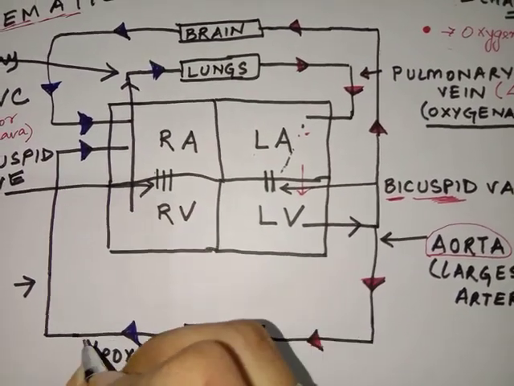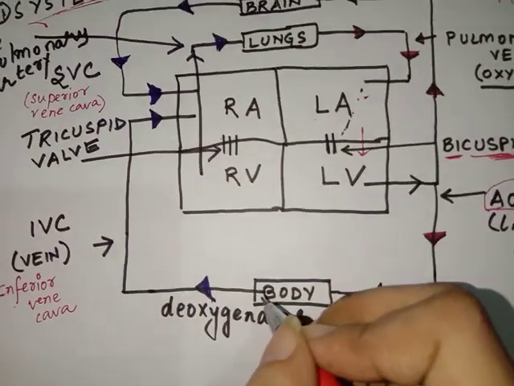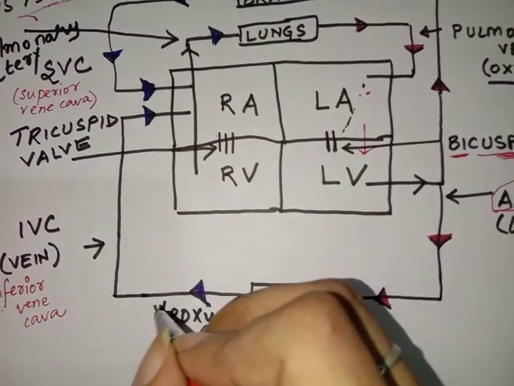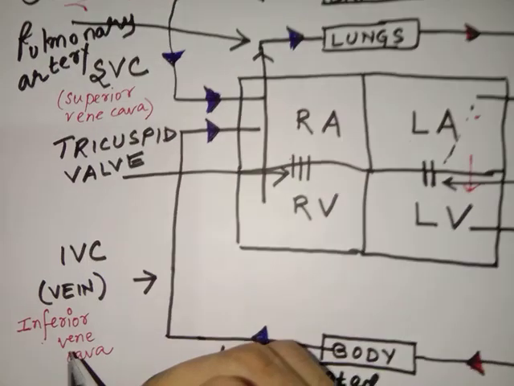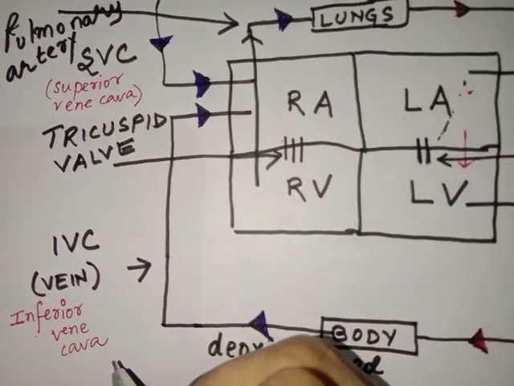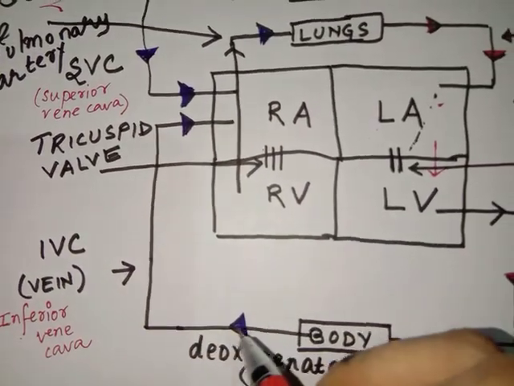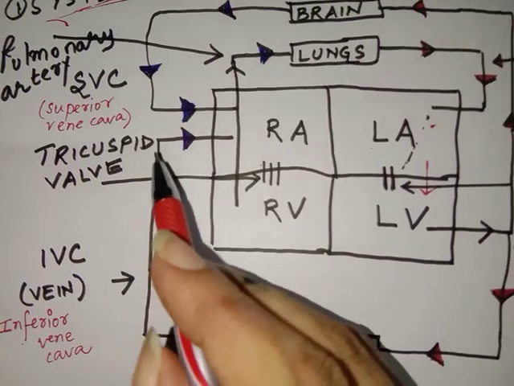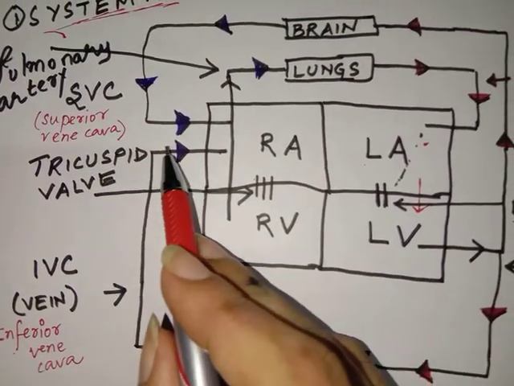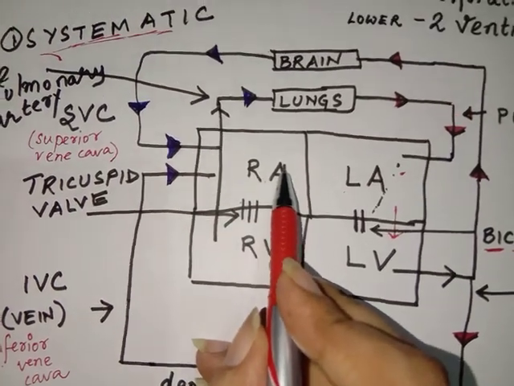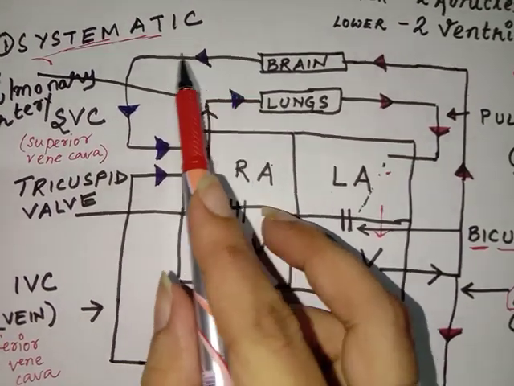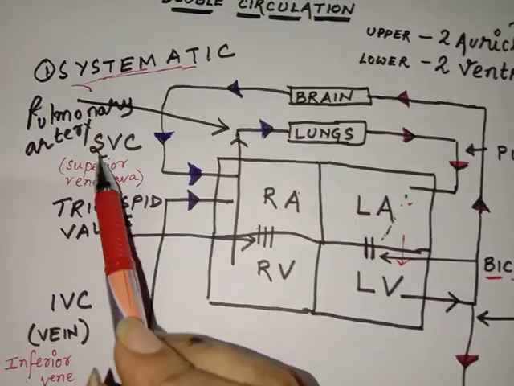So this deoxygenated blood comes out from the body through the blood vessel called the inferior vena cava. You can see here the inferior vena cava. From the inferior vena cava the blood drains into the right auricle.